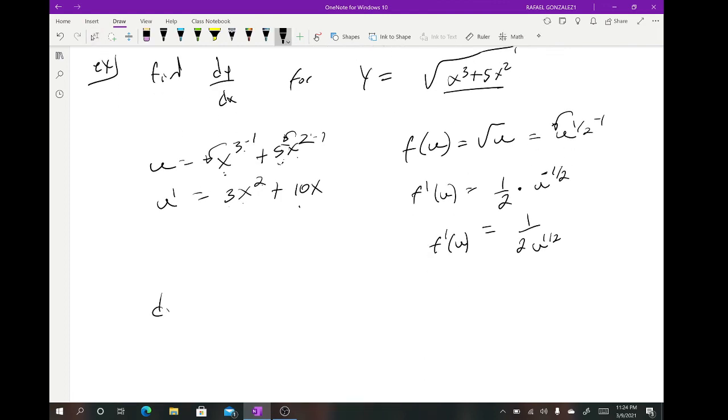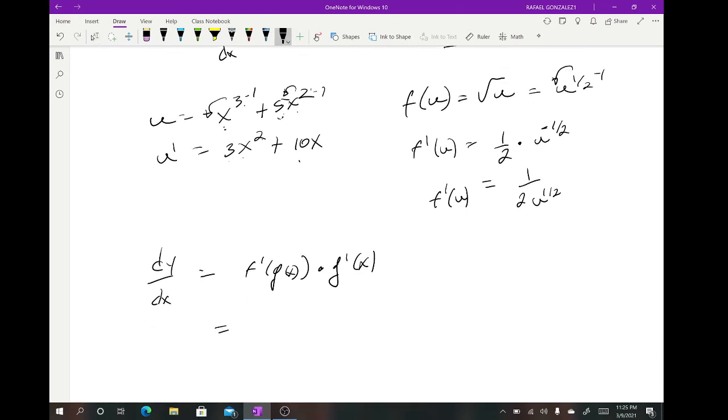And now we know that dy/dx by the chain rule is going to be equal to f prime evaluated at g of x times g prime of x. And again, we have these values now because we computed all of them, so it becomes very easy to put them in. f prime of u is 1 over 2u to the 1/2 times g prime of x.